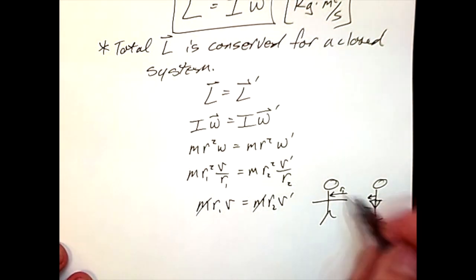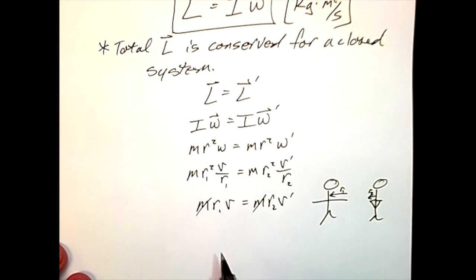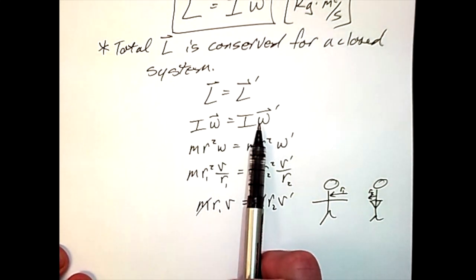So this would be r1 and this would be r2. And so by angular momentum, we see that if I reduce my radius, then my velocity increases. And so we get the exact effect that I spoke of, is that if I pull my hands in while I'm spinning, I spin faster. So by changing my moment of inertia, my distribution of particles, I change my rotational rate.